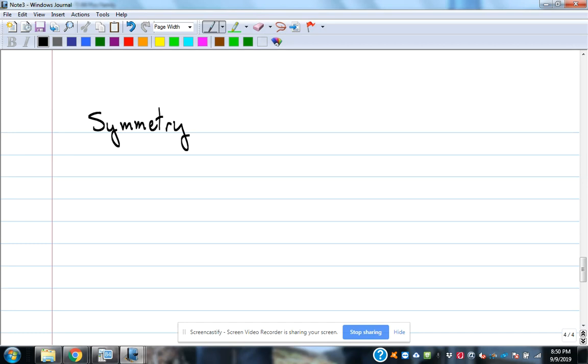Okay, so there's different symmetry that we want to test for with functions. Symmetry could be with respect to the x-axis, the y-axis, or the origin. Okay, and there's a test for each of those things. All right, so x-axis, y-axis, and origin are the different kinds of symmetry that we're going to test for.